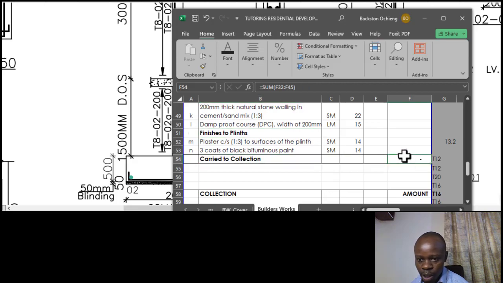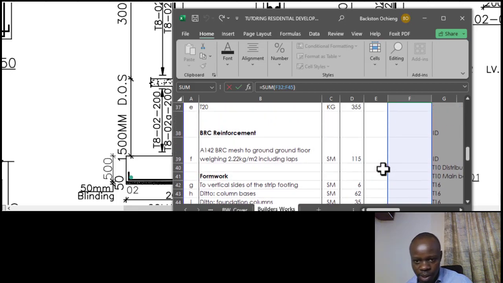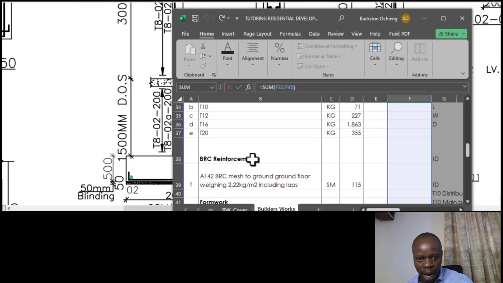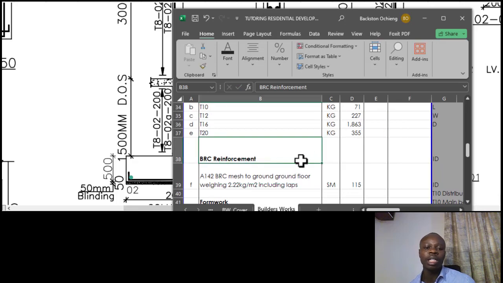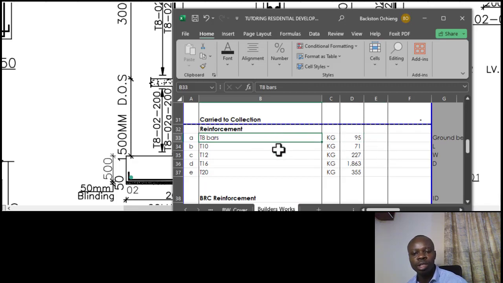So carry to collection. Always remember to make sure that all your items are summed up. Of course, we are not taking note of the rates at this level, not just yet. We'll build the rates later on.